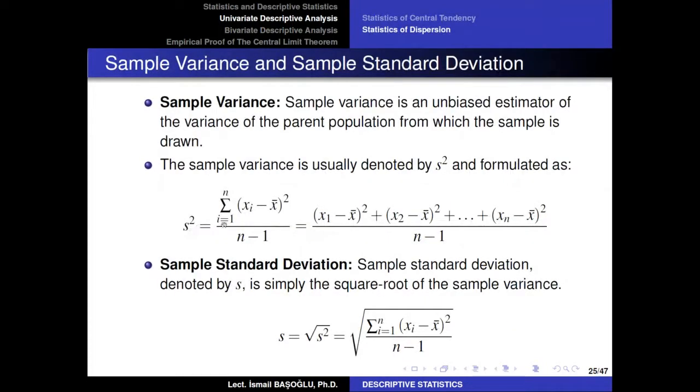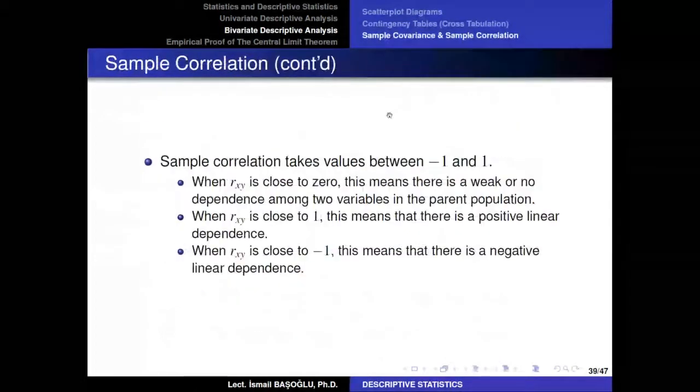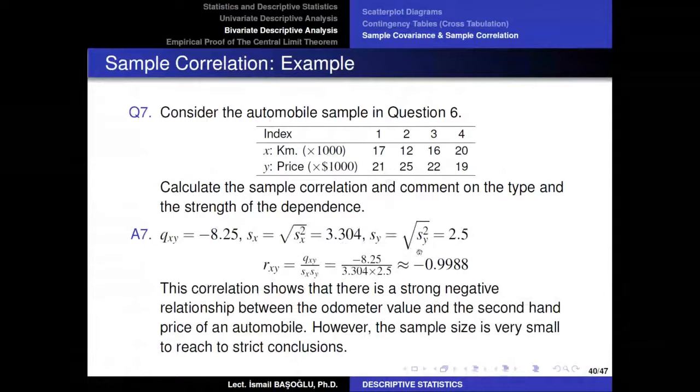The sample variance formula is here and the sample standard deviation is here. By dividing the sample covariance by the product of the sample standard deviations, you will get a correlation which is very close to -1.